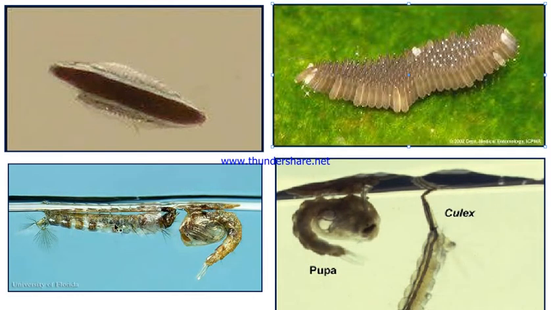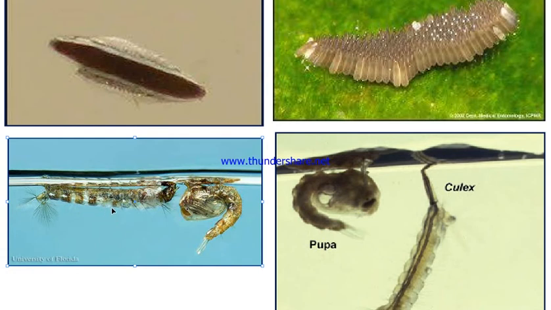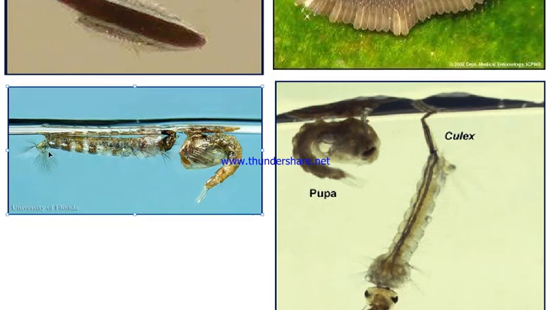Next, look at the larva of Anopheles mosquito. The larva of Anopheles mosquito remains parallel to the water surface. This is the part with which it is attached to the water surface, and this is the mouth.